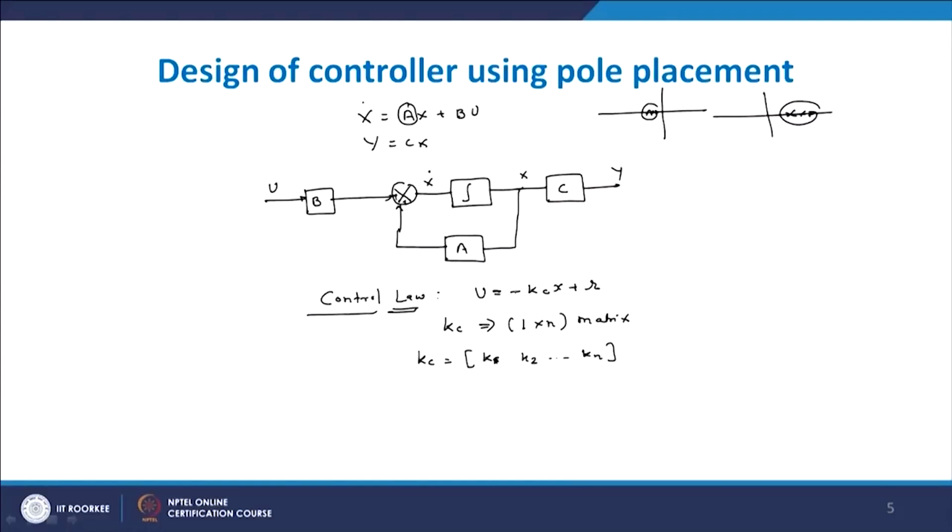That is why u equals minus Kc x plus r. So this is the control law.